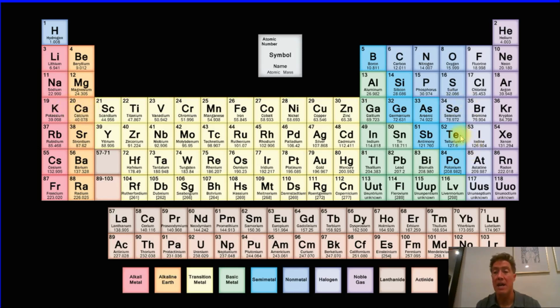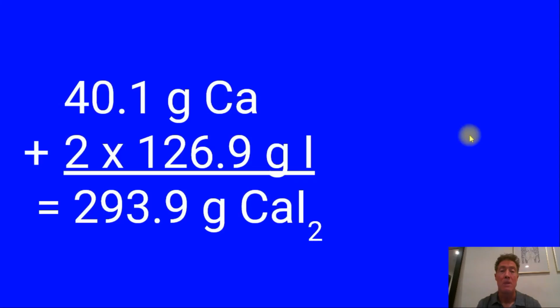Iodine is 127 essentially, and we take its atomic mass in grams as well, and we have two of those. So we take 40 grams of calcium and 2 times 126.9 grams of iodine, and we get 293.9 grams of calcium iodide. How many formula units would this weight represent? It would represent a mole, 6.02 times 10 to the 23rd, a mole of calcium iodide.